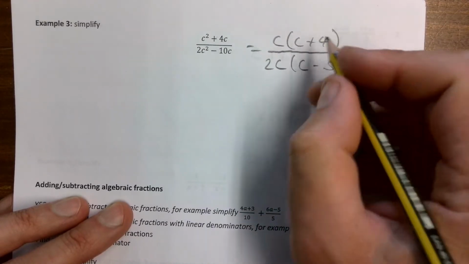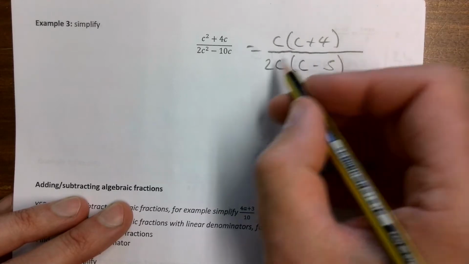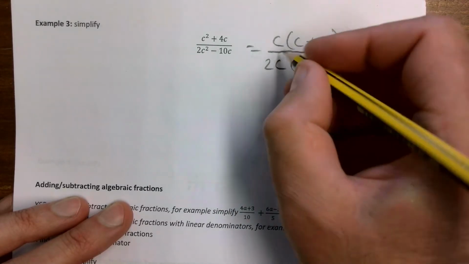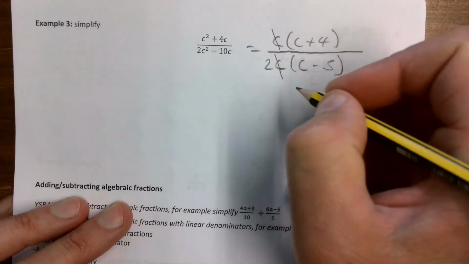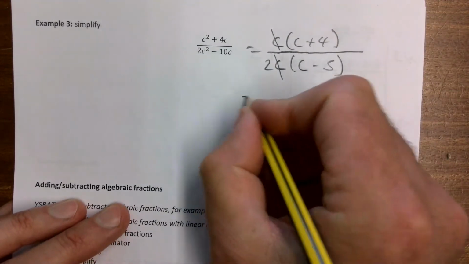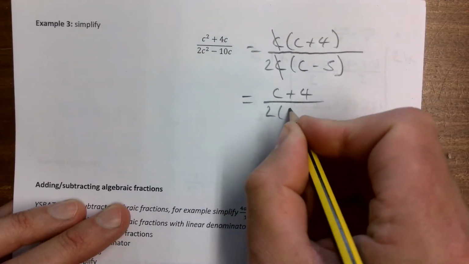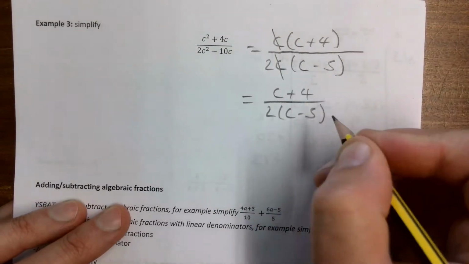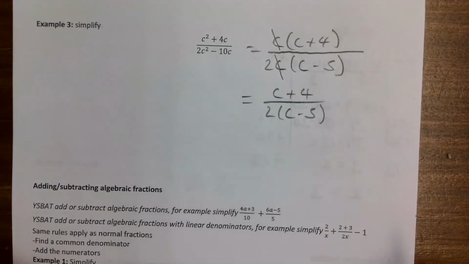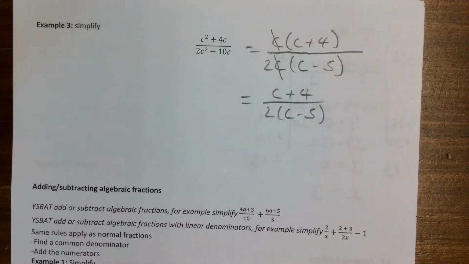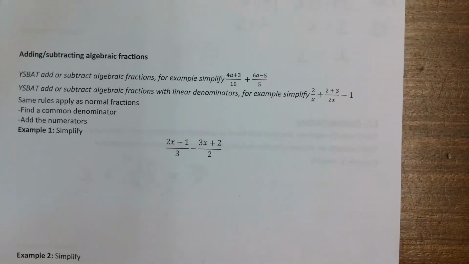Anyone see what cancels? That's a factor, that's a factor, that's a factor, that's a factor. The only common factors here are the c, and so we cancel those out. And I'm happy enough for it just to be left with that, or if you wanted you can multiply out the brackets then down below. That will be up to you.